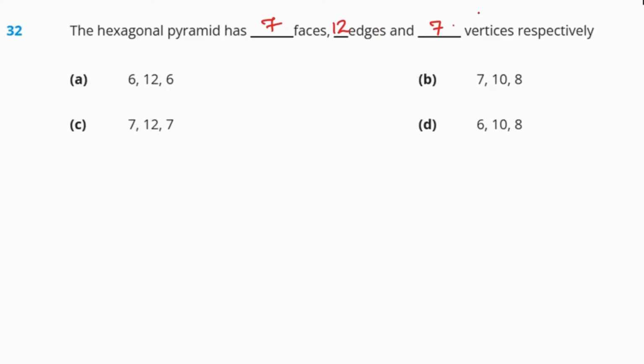So 7 vertices will be there. So 7, 12 and 7 is the correct answer. Option C is the correct answer.